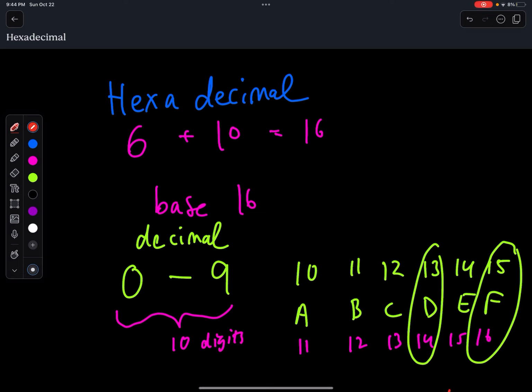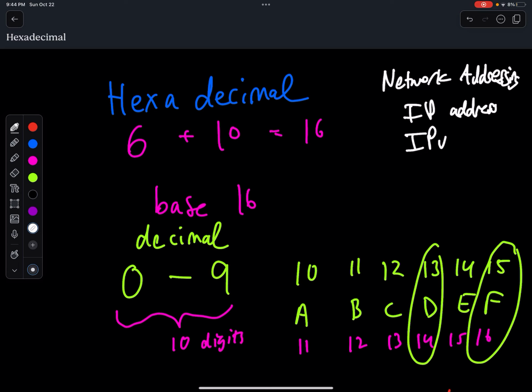Now, you may be wondering, how is this useful? In terms of network addressing, this is very, very helpful. Like for people's IP addresses, they're commonly in hex format, especially IPv6.